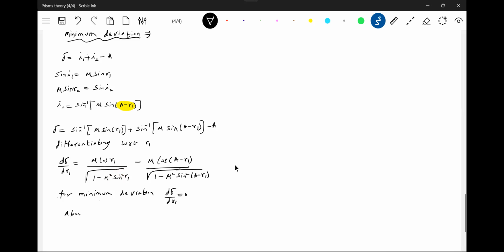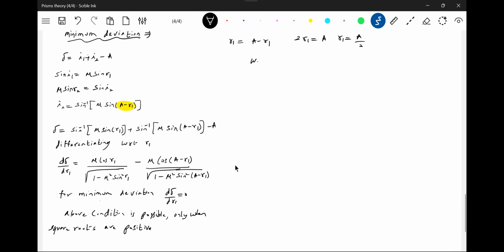So what is the basic necessary condition? R1 should be equal to A minus R1, or 2R1 equal to A, or R1 equal to A by 2.